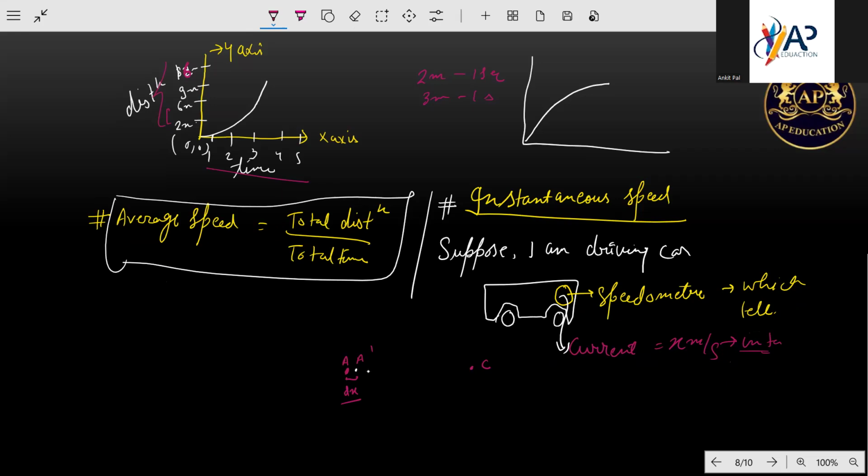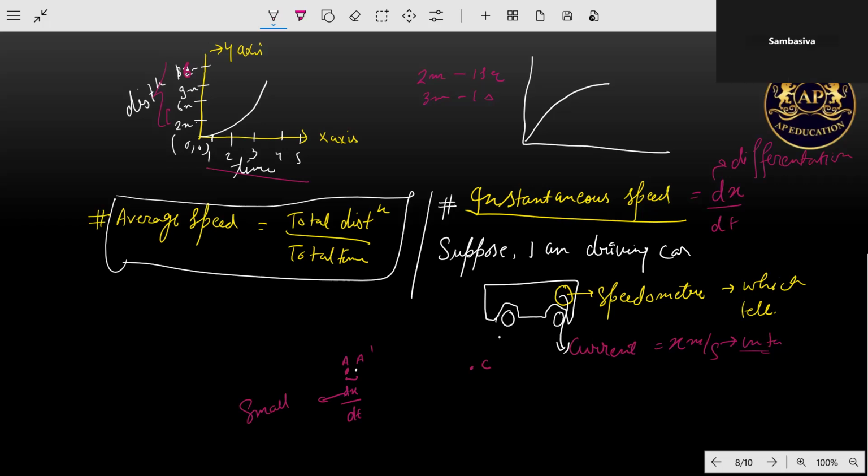If the distance covered is small, then it will take very little time. It is called dt. D means small, D is differentiation. So, sir, is the x the position in this case? Is d of x like the position? Yes. Okay.